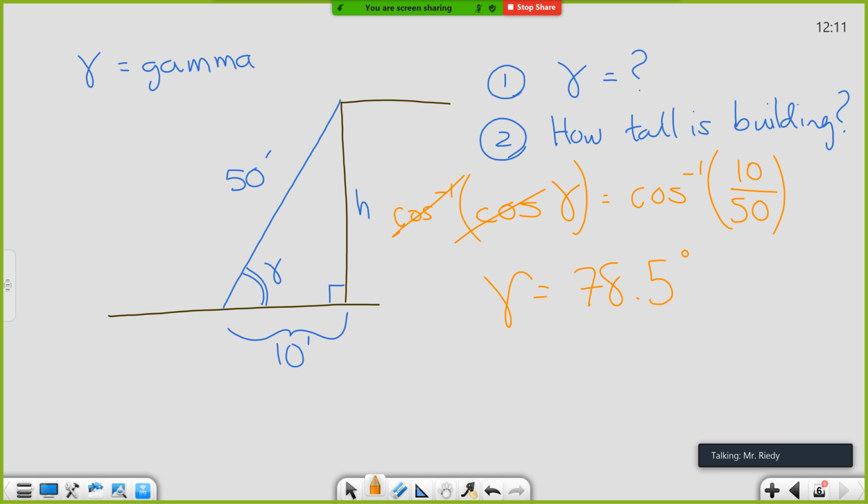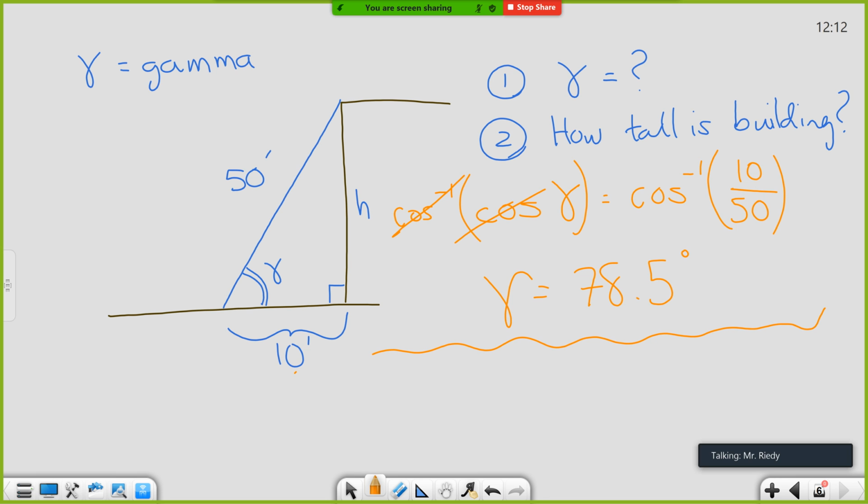You probably wouldn't want to go up that angle, or that ladder. Okay, so instead of actually doing part 2, let's talk about all the different ways that you could solve part 2. You could just do Pythagorean theorem: 10 squared plus h squared equals 50 squared, which is probably what most people would do. And that's an okay calculation because it's exactly 10 and exactly 50, so I wouldn't have a problem with that. However, now we know the angle, so you could set up a trig equation involving the angle.